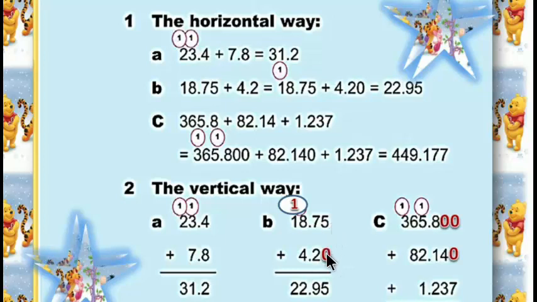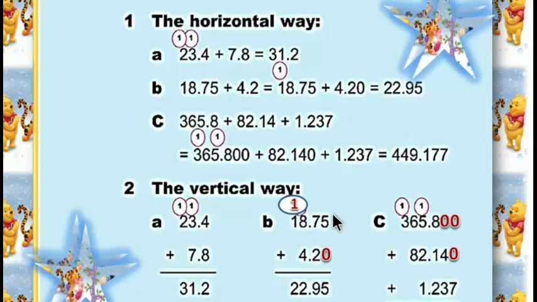Please put each digit in its own place. Hundredths part, tenths part, units, tenths, okay? In addition, we will begin with digit on the right side, with hundredths part, decimal part, okay?